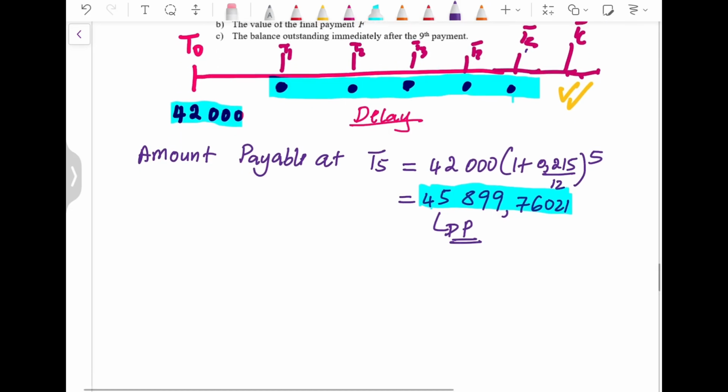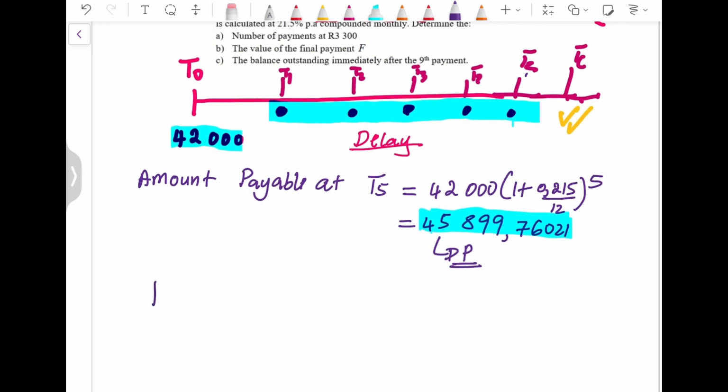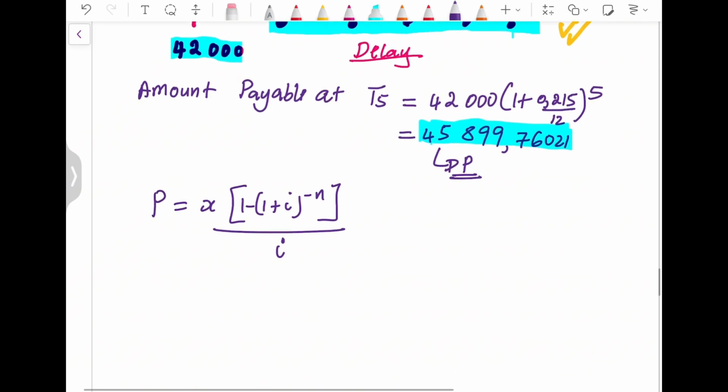Now to calculate the number of payments, we are going to write our formula. So P is equal to X times 1 minus 1 plus i to the exponent negative n, all divided by i. Now P is no longer 42,000, but it is 45,899,76.